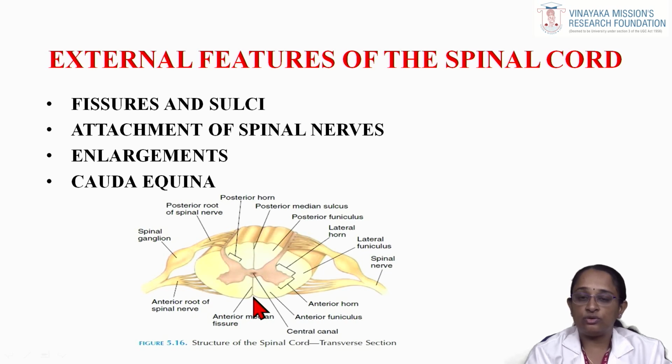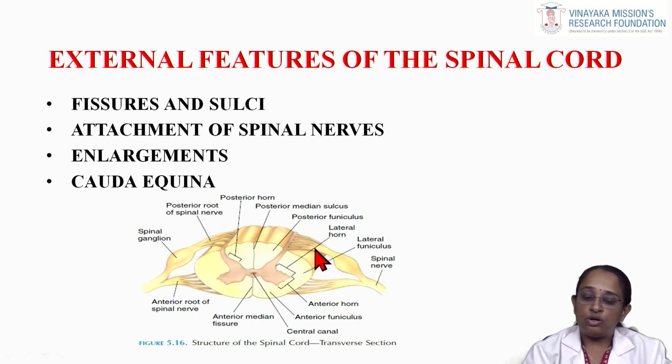So this furrow in the anterior region is the anterior median fissure, and in the back side, the posterior, we say it as posterior median sulcus. It is not that deep, so we say it as a sulcus. So this is anterior and this is posterior.